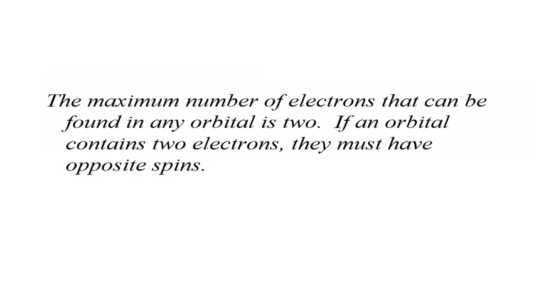Okay, so this just kind of wraps things up a little bit, just to kind of remind you one of the things we've been talking about is anytime you have an orbital, you can only have 2 electrons in it. It maxes out at 2. Okay, and if you have 2 in there, you have to be opposite spins. Visually, you could show opposite spins by going +1/2, -1/2, or you could do it visually by showing 1 up arrow and 1 down arrow.